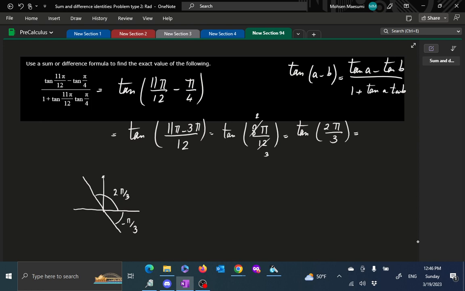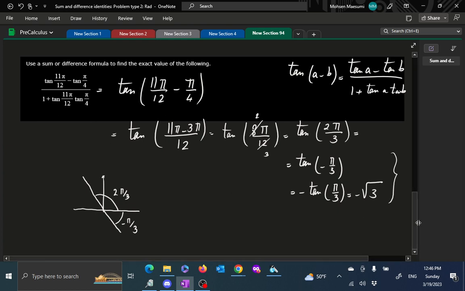Both of these have the same tangent, so tangent of minus pi third. Now you can apply the even odd identities. It's minus tangent of pi third, and it becomes minus radical 3. So I suggested that you go through geometrical reasoning for this. However, if you want to use your table, feel free to do that.